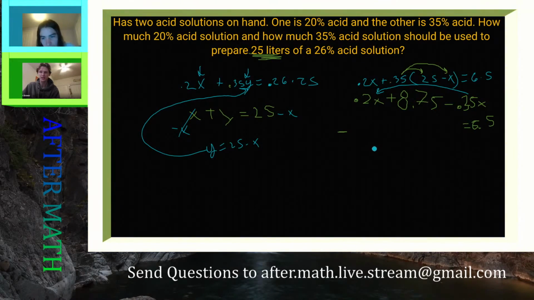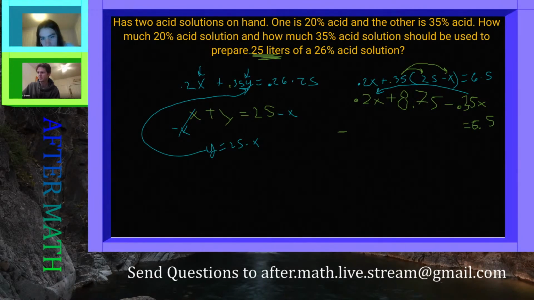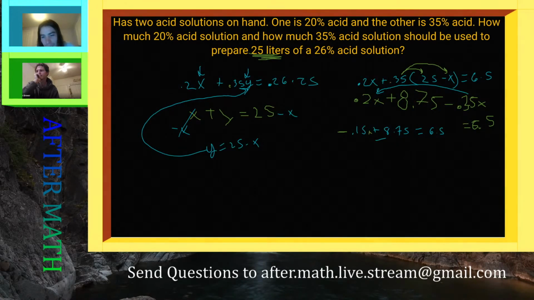So we get negative 0.15, and that has an x, equals 6.5. And then we can go ahead and subtract 8.75 from both sides.